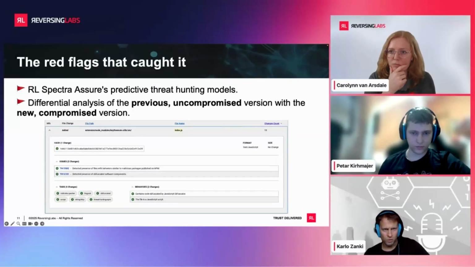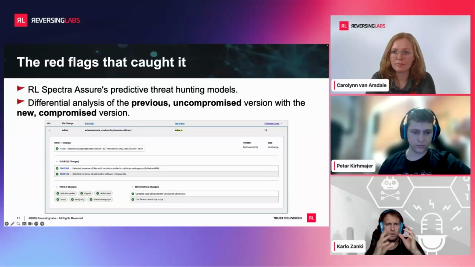The second thing to note about the product is the concept of differential analysis. What you basically do is compare two release artifacts for two versions, for example 1.0 and 2.0, and you look at the behavior differences on a file level between the same files in the two versions and see what new behavior has been introduced in the newer version.